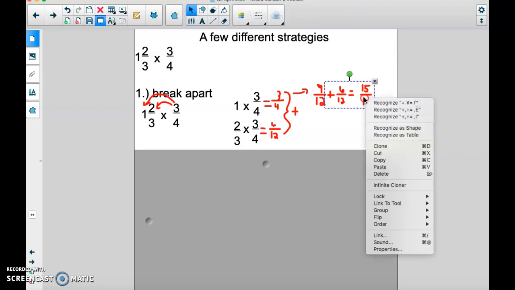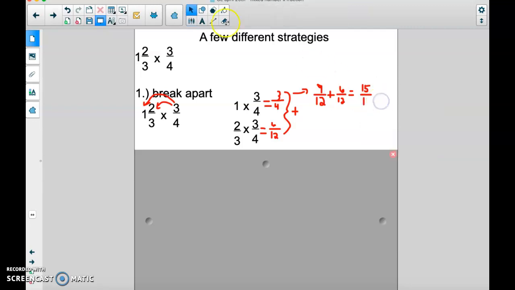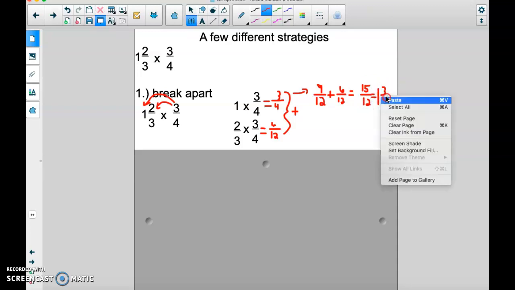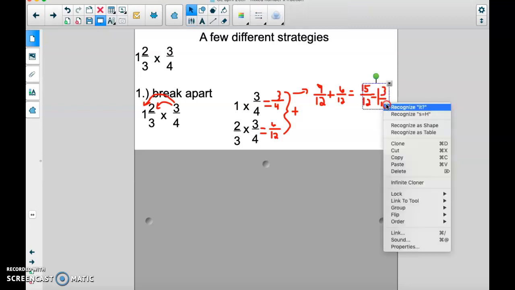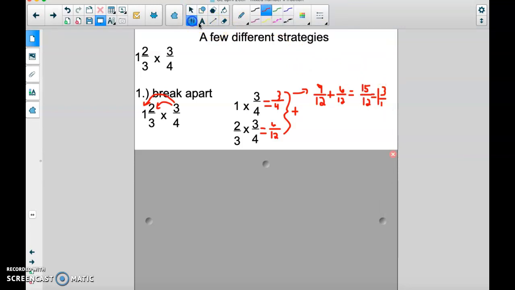And we talked about 2 weeks ago that 15/12, if we turn it into a mixed number, would be 1 and 3/12. Okay? Alright. It's not working well today.